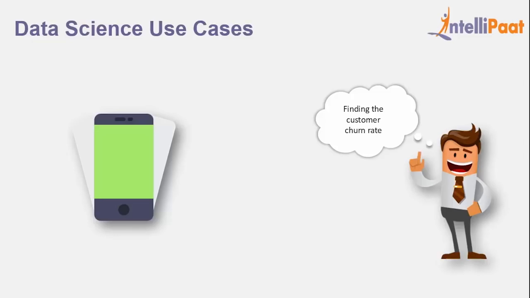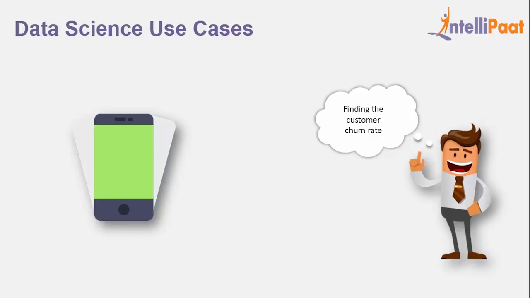In the telecom industry, customer attrition is a major concern. Every day, a new player comes into the market with new and attractive prices. In such a scenario, how does a company retain its users? So this is where data science plays a pivotal role. The data scientists or the data analysts go through the data to understand customer behavior.